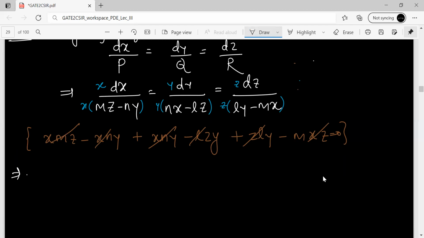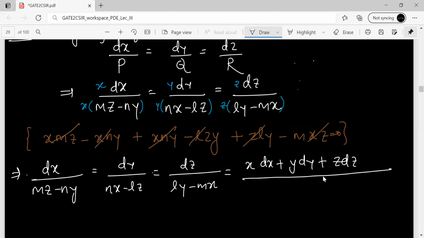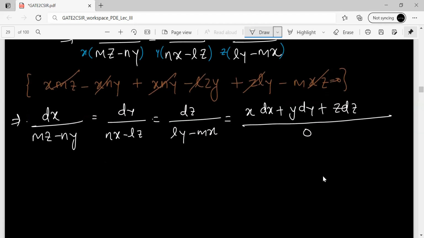So this quantity will be equal to dx upon mz minus ny equal to dy upon nx minus lz equal to dz upon ly minus mx. Now I just added all of them, so x dx plus y dy plus z dz upon this quantity becomes 0. That I have done separately.